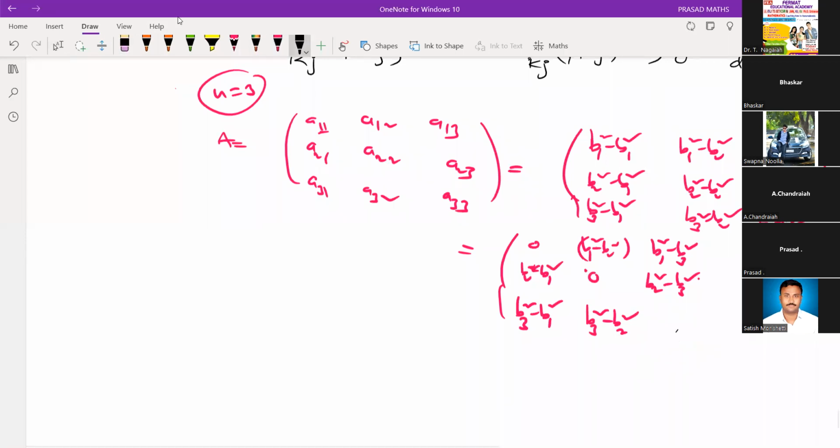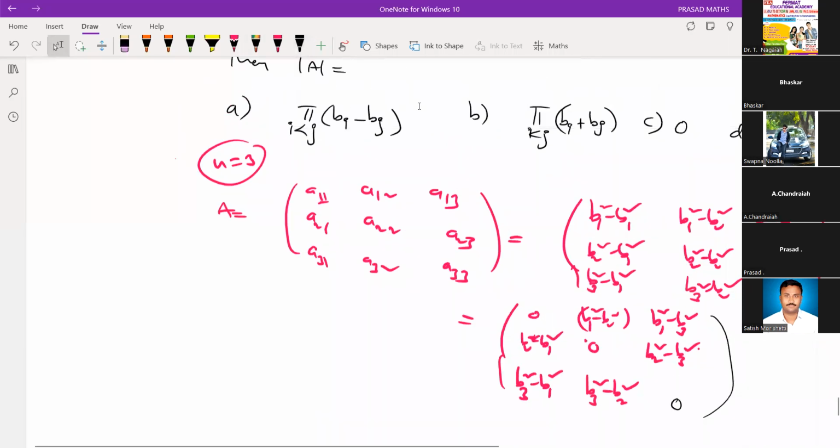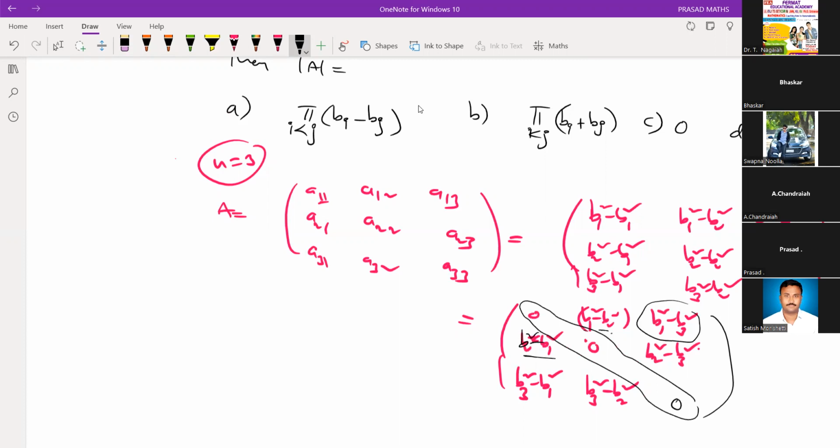Tell me, is there any idea about this? All diagonal elements are 0, right? And look at this entry: b1 square minus b2 square, here b2 square minus b1 square; here b1 square minus b3 square, here b3 square minus b1 square.